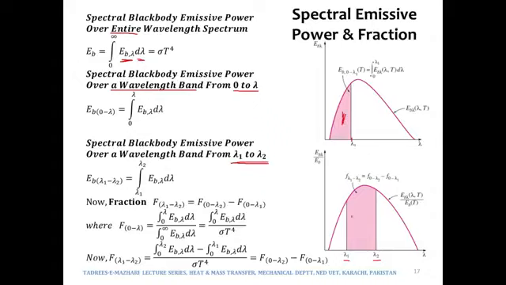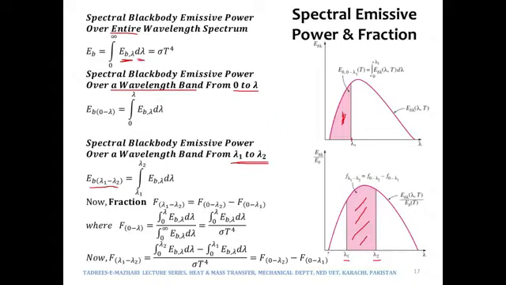We can write it in this form: E_b from lambda 1 to lambda 2. It is not lambda 1 minus lambda 2, it is lambda 1 to lambda 2, and would be the integral of E_b lambda, whatever this curve is, from the starting point to the ending point, from the lower limit to the upper limit. And this fraction, f between lambda 1 and lambda 2, may be written as f 0 to lambda 2 minus f 0 to lambda 1.